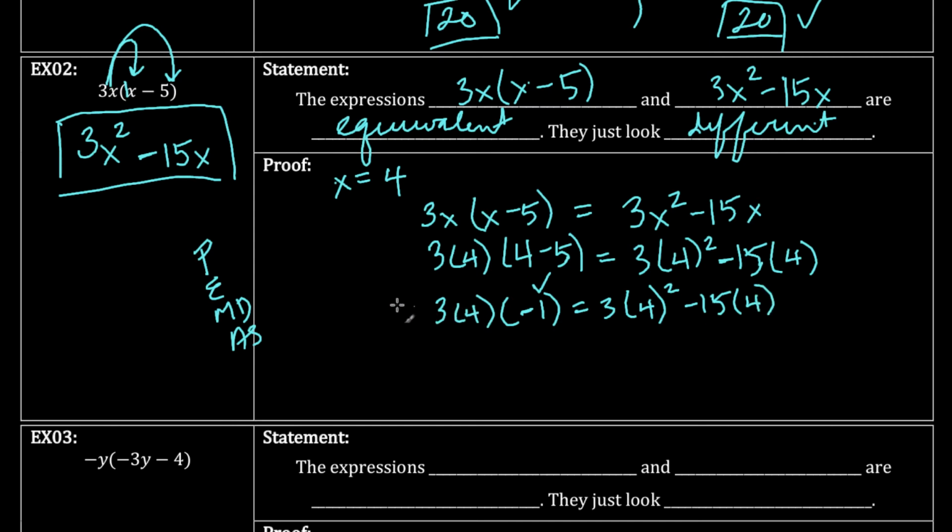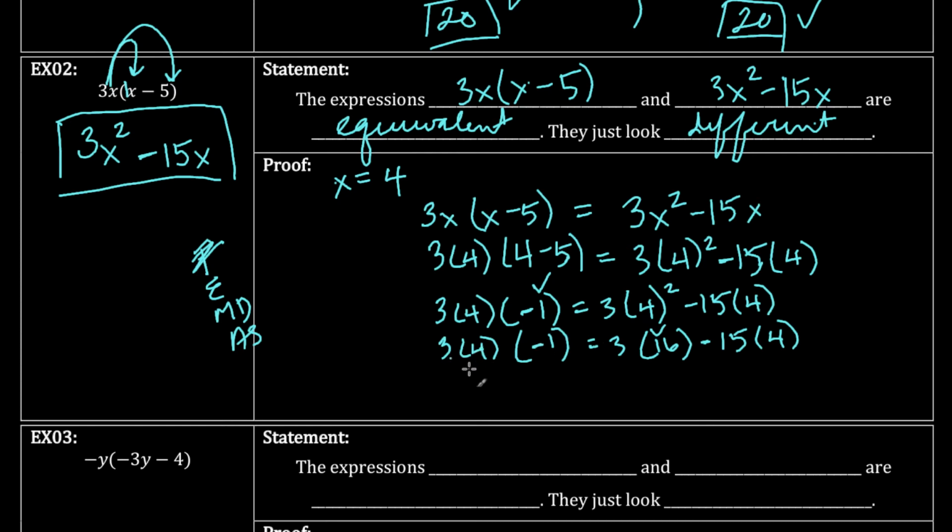Alright, so I should do exponents next. 3 times 4 times negative 1 should give me 3 times, remember, this is the exponent I need to do, 4 times 4 is 16, minus 15 times 4. All right, so I'm just going to do all the multiplication I can. Like this one's in a row.